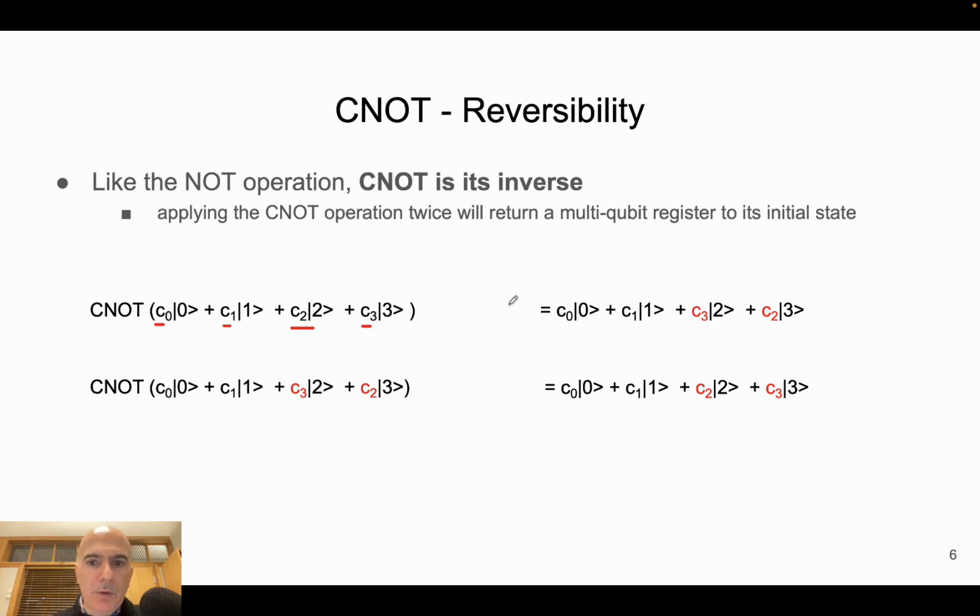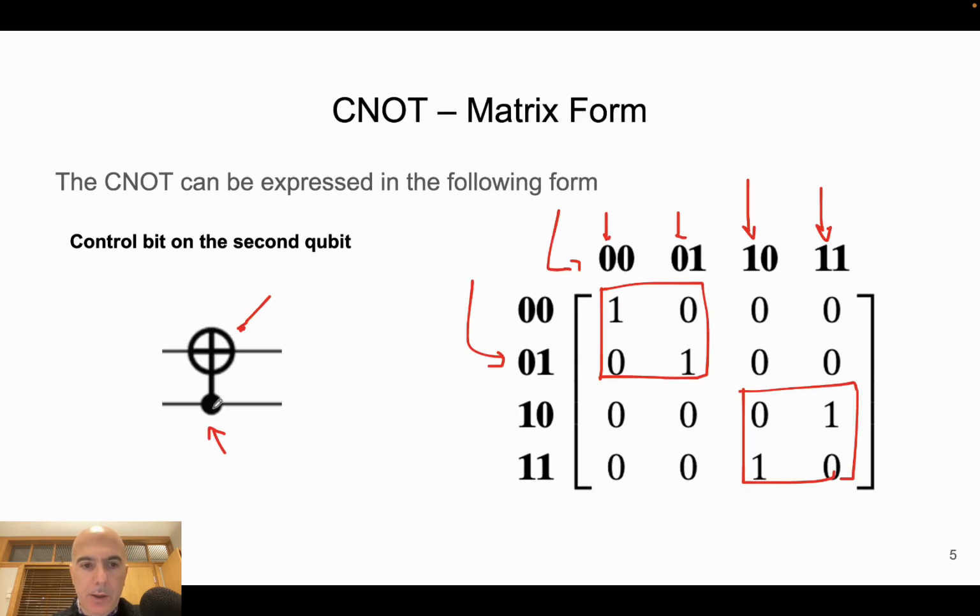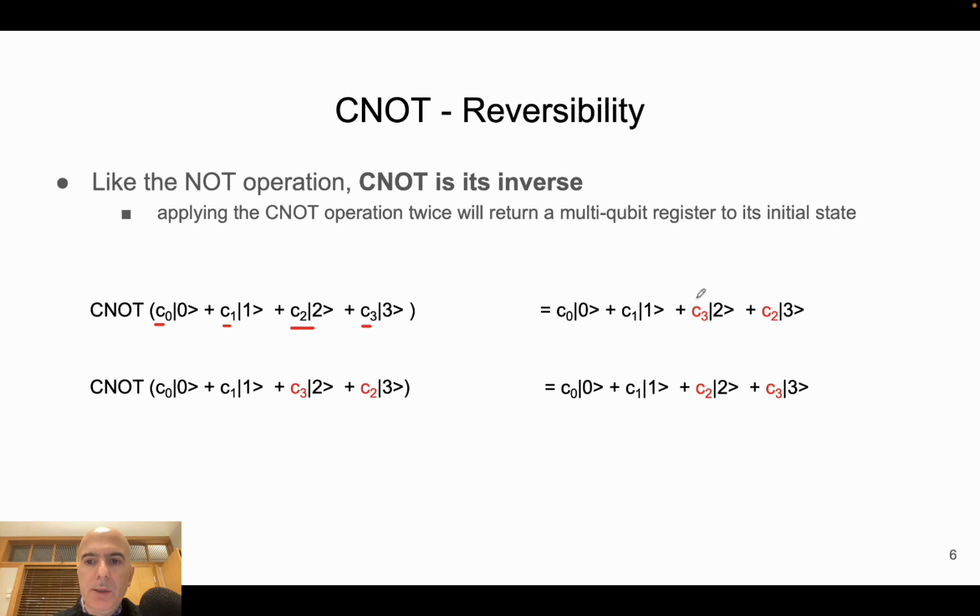Then we apply the controlled NOT on the second qubit. This corresponds to swapping the complex numbers of the second and third states. So we do the first swap. When we take this result and put it as input to another CNOT, we see that the final result is the initial 2-qubit system that we were working on.